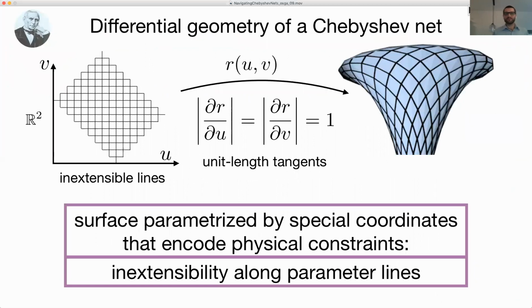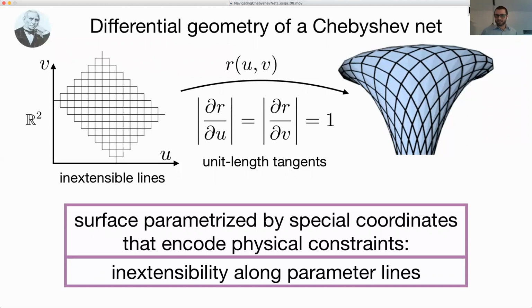So what is a Chebyshev net? A Chebyshev net on a given surface is a mapping, or actually a specific set of coordinates on this surface from the plane to the surface, such that the magnitude of the partial derivatives is 1. So it has unit length tangent vectors.